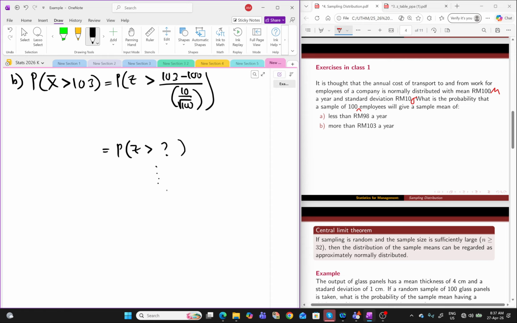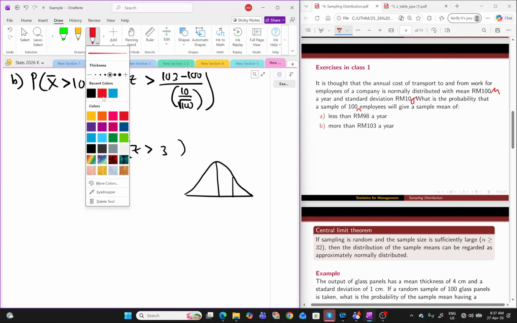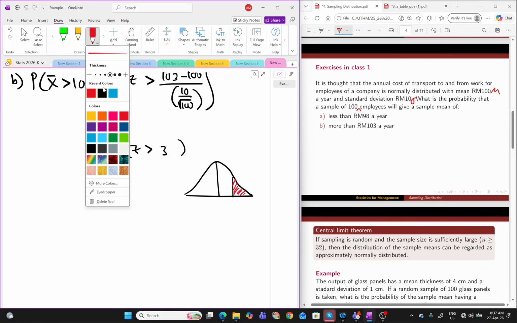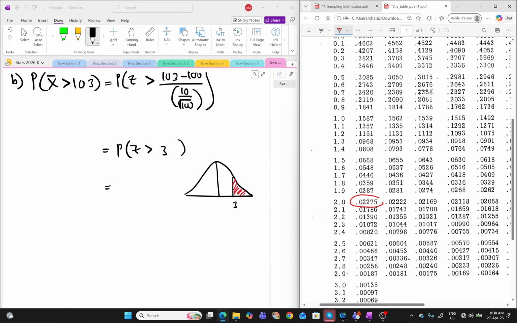If you do this here, what do you get? You get 3, isn't it? Yeah, 3. If you look at the table, 3 here.